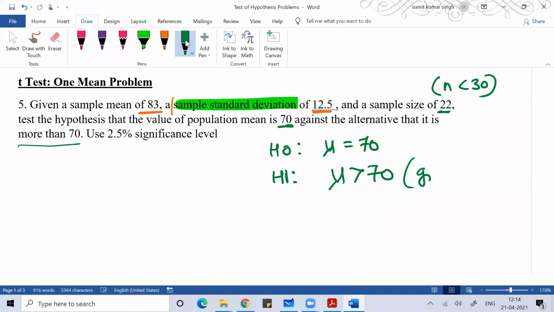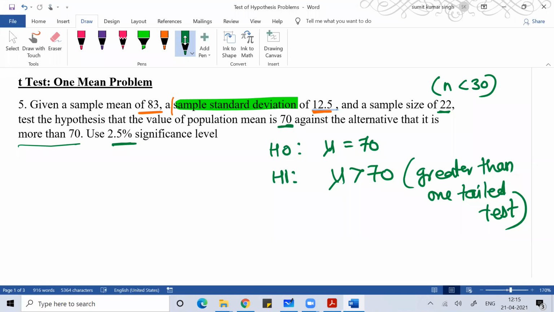That's it. Greater than, more than, increase, decrease, then it is one tail test. And you have to use a significance level of 2.5%.